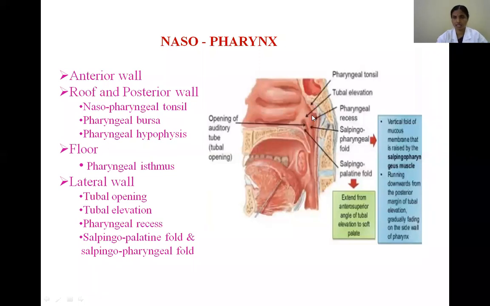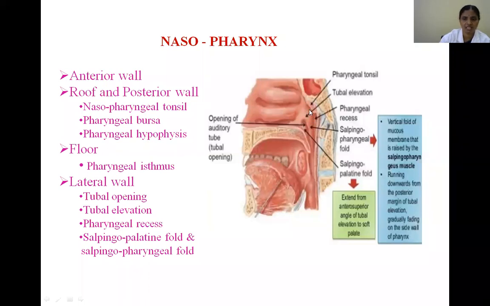Adenoids or adenoiditis is common in children because the pharyngeal tonsil is very well developed in children, but in later stages, in adults, it gradually atrophies. So usually this adenoid formation we can see in children. This adenoid I will discuss later in clinical aspects.